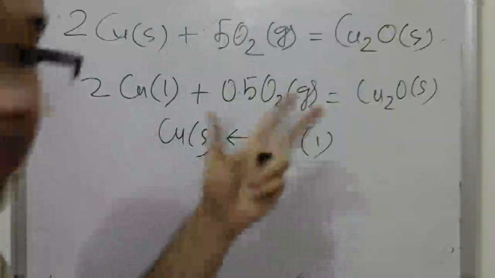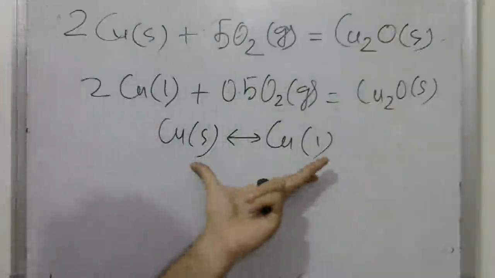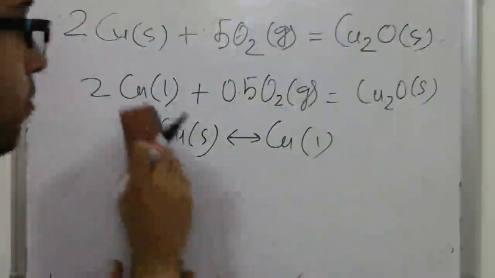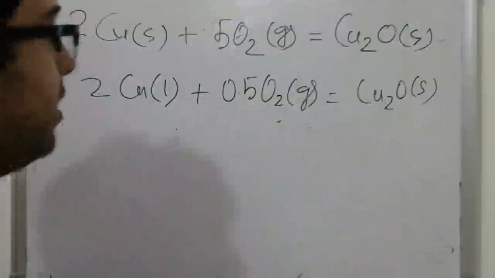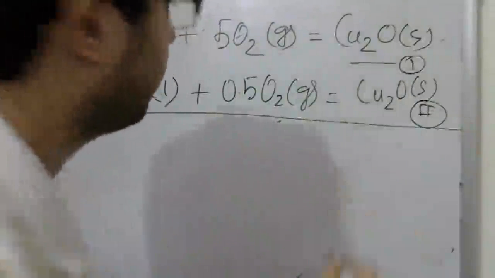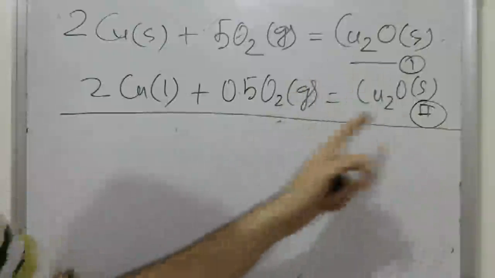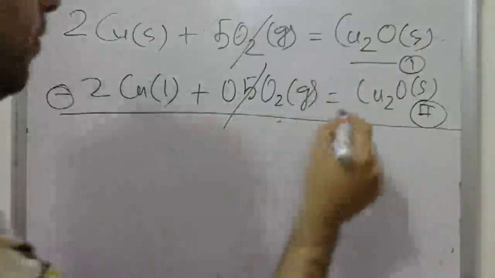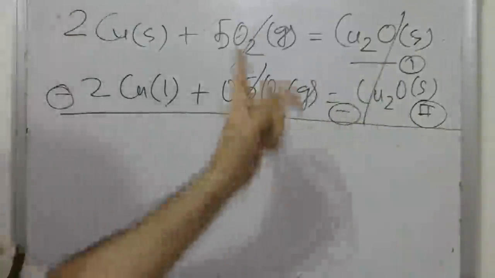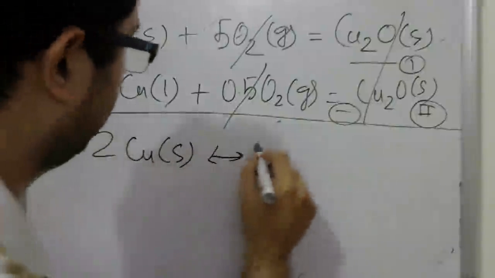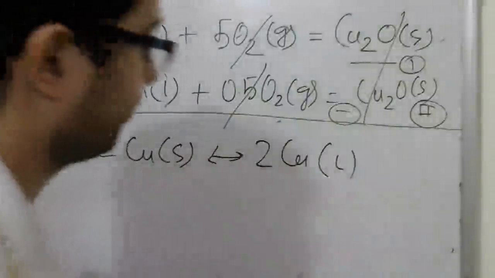So you need to combine these two equations to frame your own equation so that you can find the free energy change, right? Just looking at this, let's say equation 1 and equation 2, if you simply subtract 1 from 2, you will get away with this one, so you will be left with 2 copper solid gives rise to 2 copper liquid.